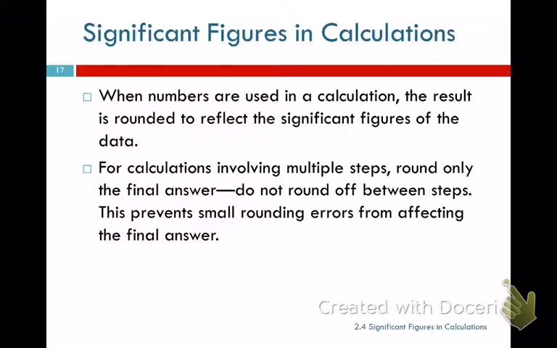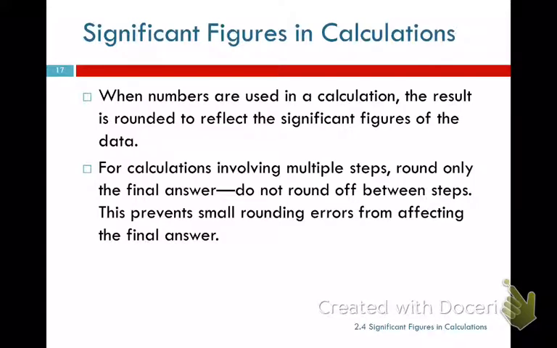Okay, so significant figures tell us how precise a number is, or how precise the measurement is. When we do calculations with numbers that have precision, the result is going to have a certain amount of precision.